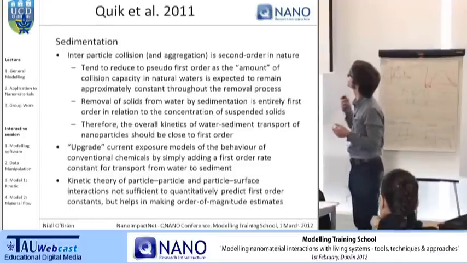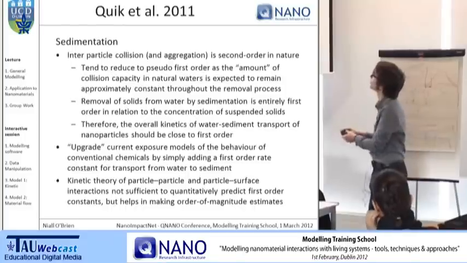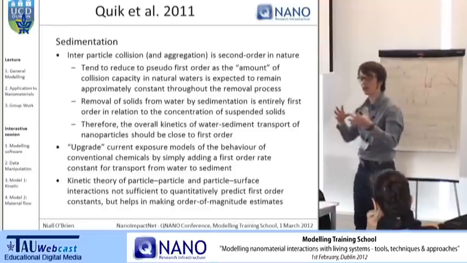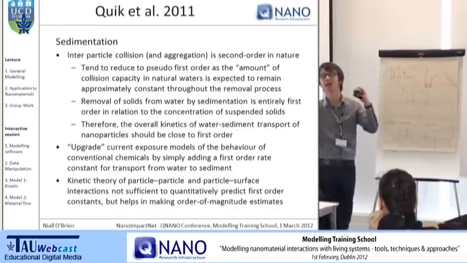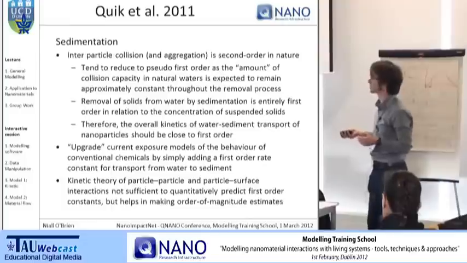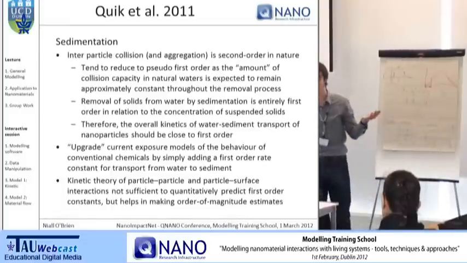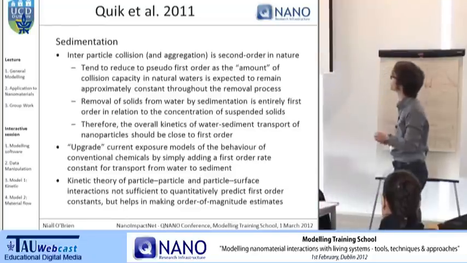For instance, a quick look at sedimentation. There is interparticle collision and aggregation, and then the sticking efficiency, or collision efficiency, how likely it is they stay together, is second order in nature. It's reliant on number concentration, and number concentration is reliant on the aggregation.